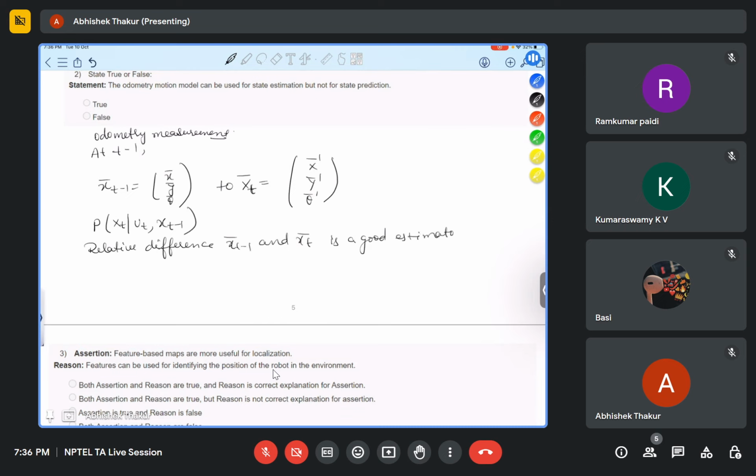So using this, we can estimate the difference of the true poses of the robot.